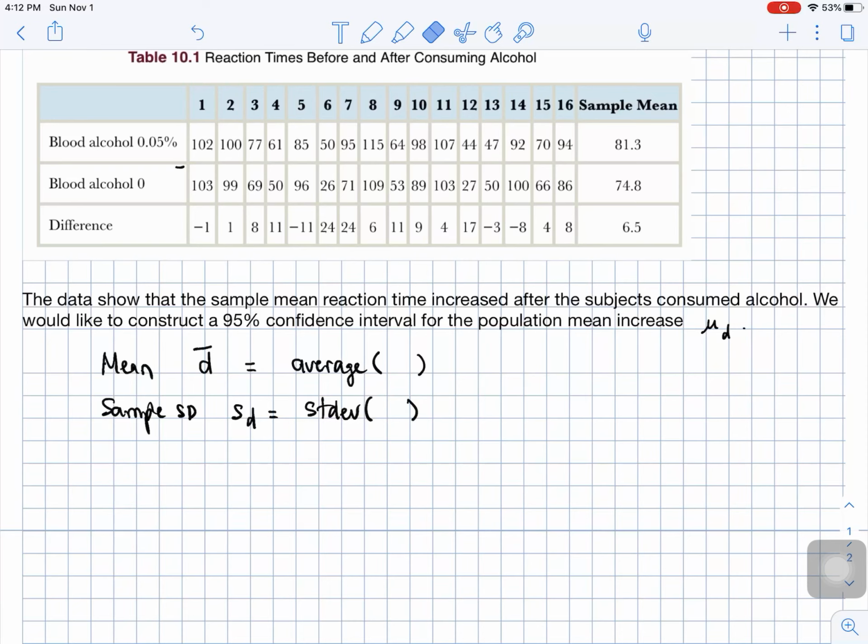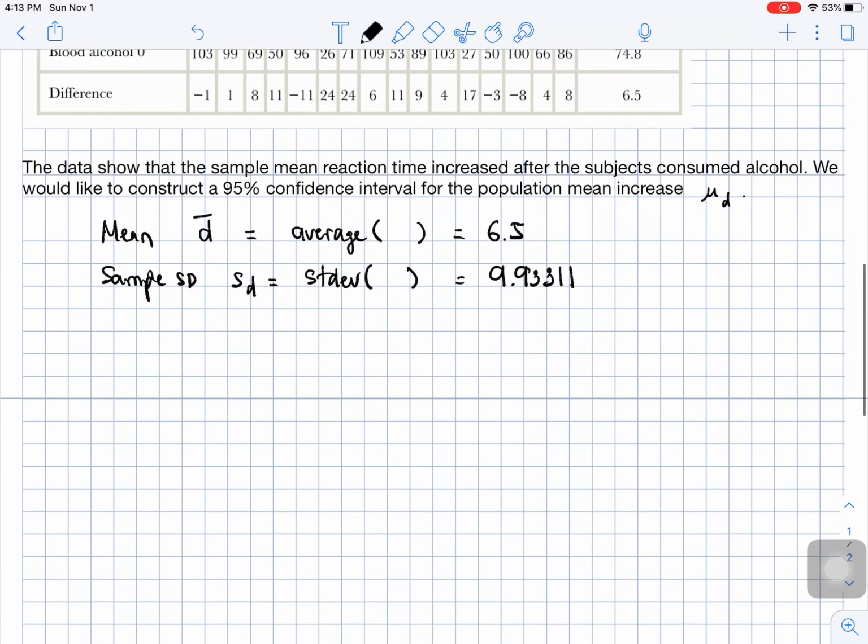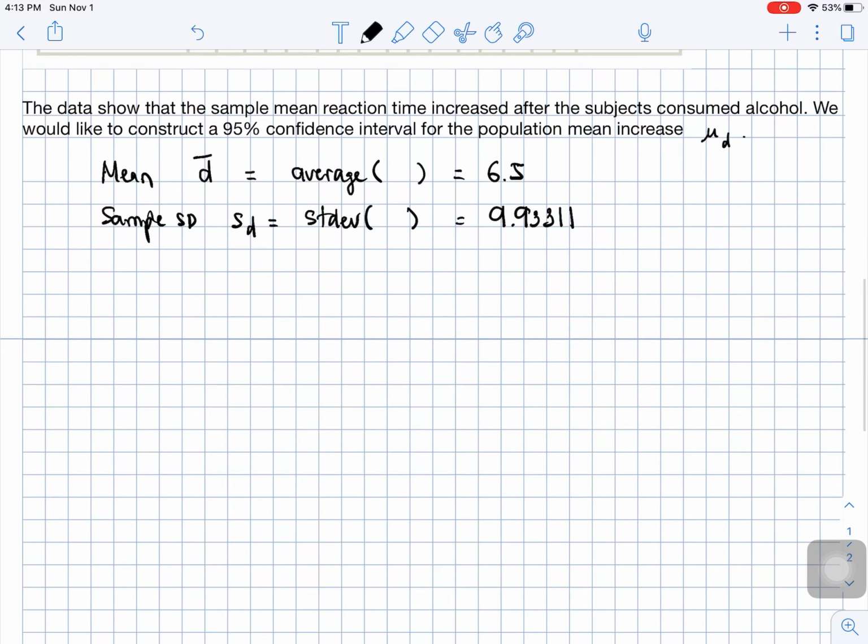For this section, you notice that we have matched pairs. Matched pairs mean we have exactly 16 people with blood alcohol 0.05% and the same 16 people again with blood alcohol 0. For the other sections, 10.1 and 10.2, you may measure 16 people the first time and then 15 people the second time.